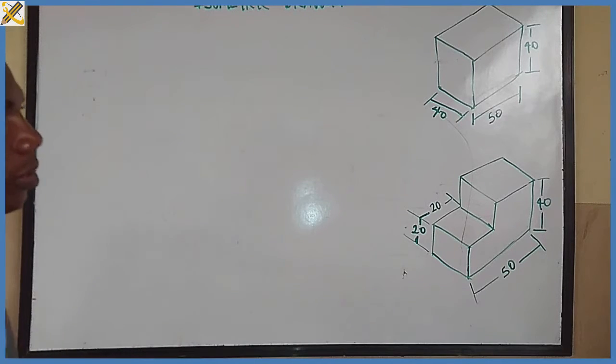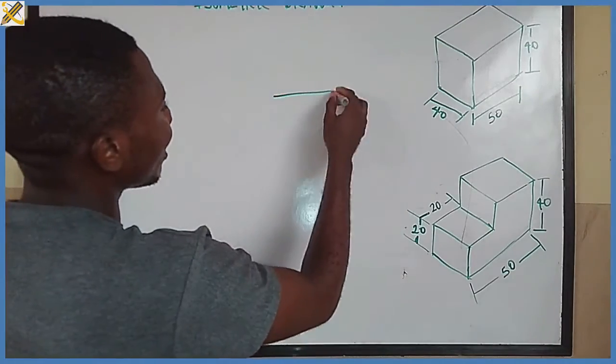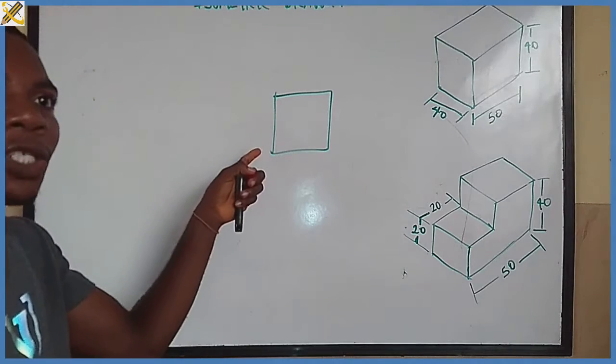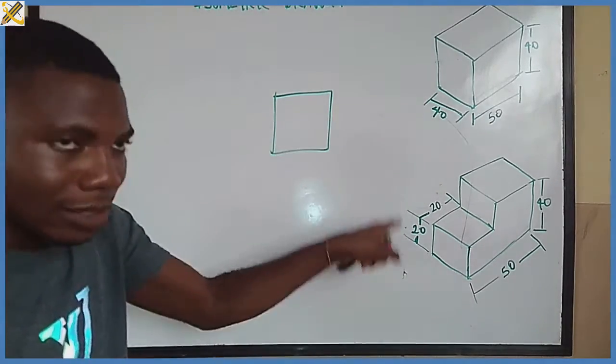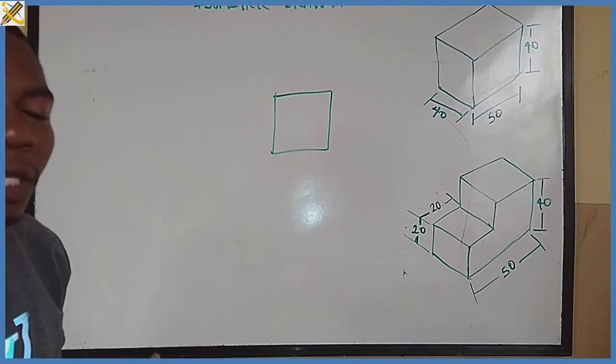Take a look at these two objects on the board. This is actually a plane shape or a plane figure. You can see the differences between them.